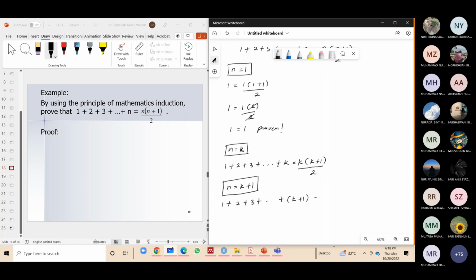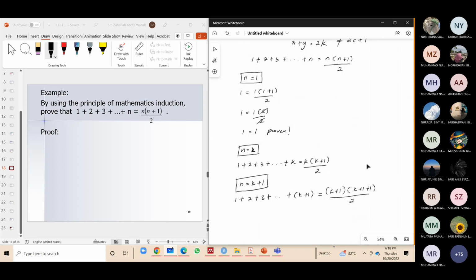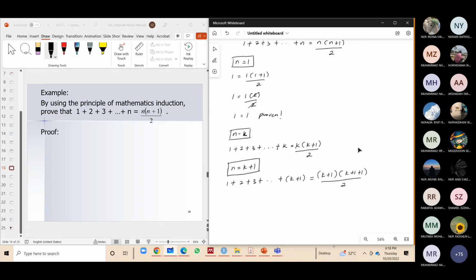So k plus 1 equals, look at the question here, (k plus 1) times ((k plus 1) plus 1) over 2. In this bracket we can solve this first.